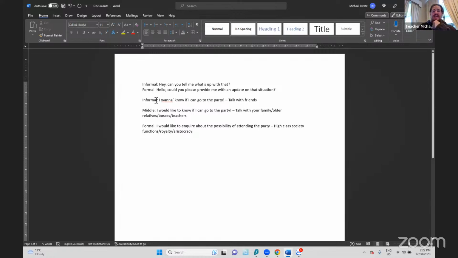Because you can see here, really the only difference between the informal and this middle level is that we've changed I wanna, which is a slang word, to I would like to. So yeah, although wanna would actually be want to.